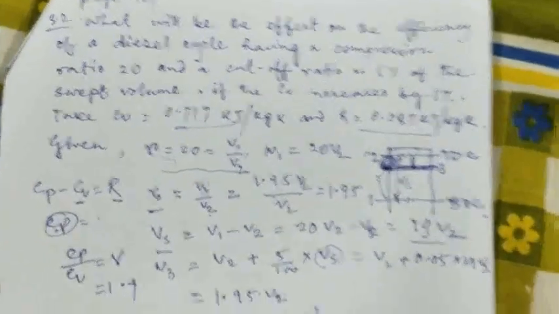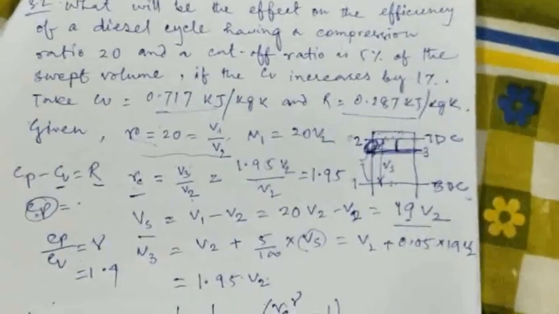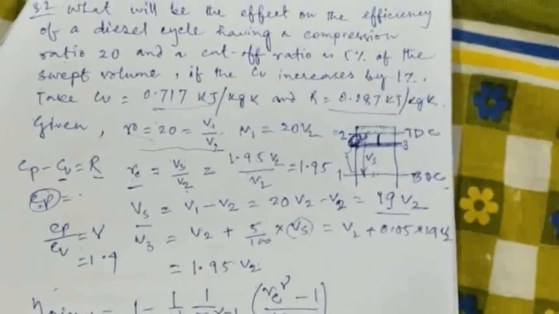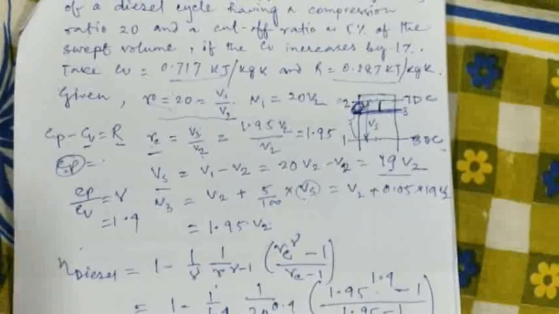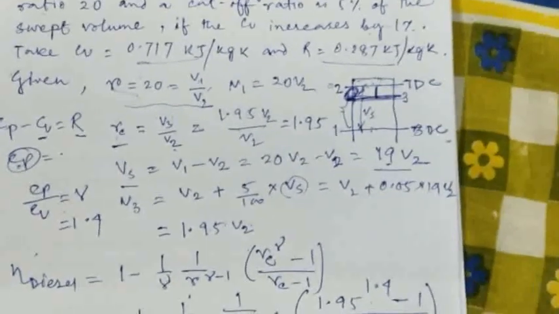Now our aim is to calculate the change of efficiency when the value of Cv changes by 1%. The value of Cv will change 1%, and we have to calculate that.